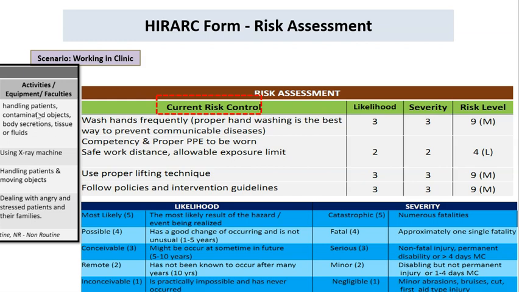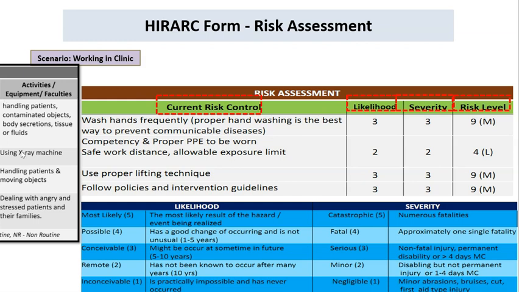When you're handling the patient with injuries and so on, the current risk control is proper hand washing. In likelihood they put 3, severity they put 3, and then 3 times 3 is 9, and the category is medium. Based on this, 3 here might occur, and 3 here is non-fatal but can be permanent disability.